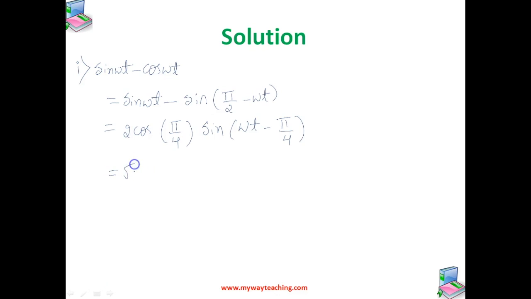So we can write it as square root of 2 sin of omega t minus pi by 4.